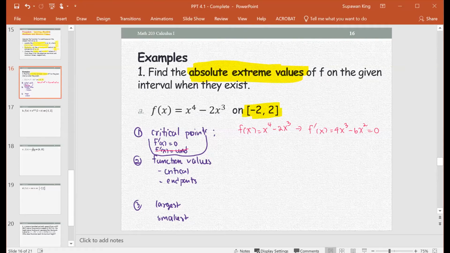Next, we're going to solve for x. How would you like to solve for x when you have 4x to the third minus 6x squared equals 0? Anyone?